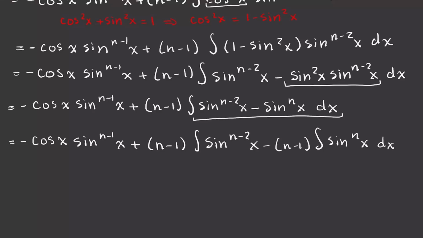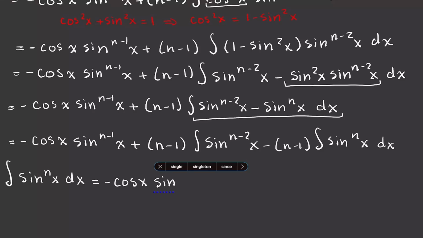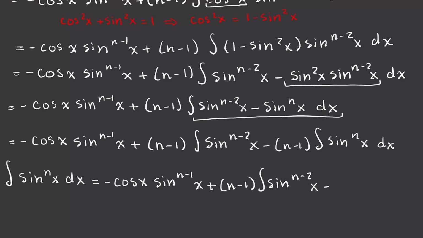So right here, I'm just going to rewrite the function I started with, which is the integral of sine n of x dx, equal to negative cosine of x sine n minus 1 of x plus n minus 1 integral of sine n minus 2 of x minus n minus 1 integral of sine n of x dx.